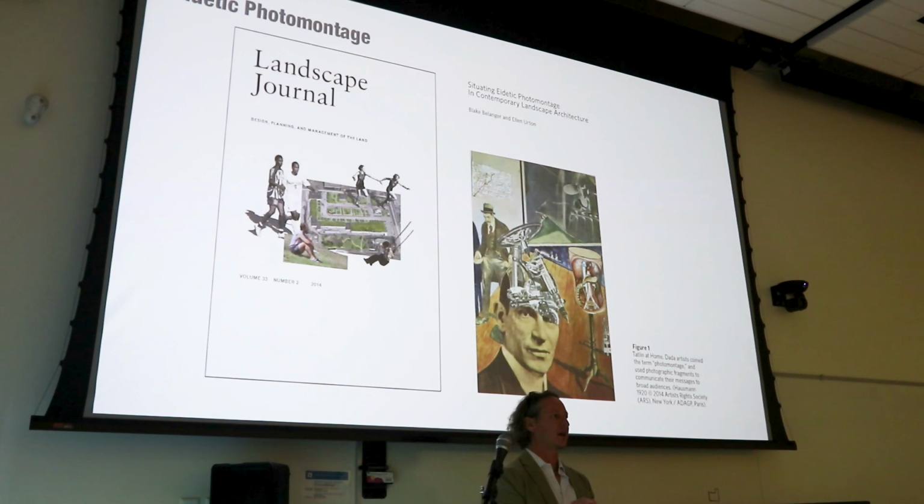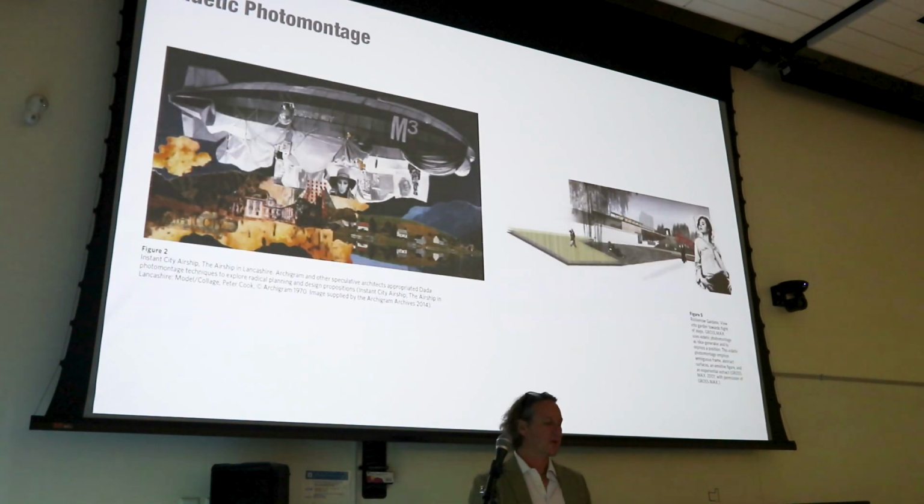So many of the Dada artists had a political agenda that they were pushing, and so their work wasn't meant to be an artifact hung on the wall, but rather to help people think differently. And as they said, connect art to life. In the 60s, a number of architecture offices, particularly Archigram and Superstudio, appropriated these techniques into their speculative architecture designs.